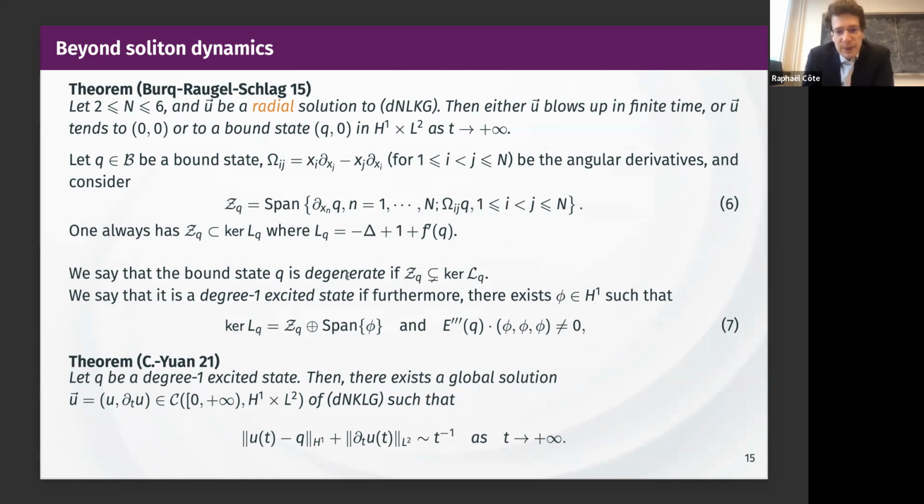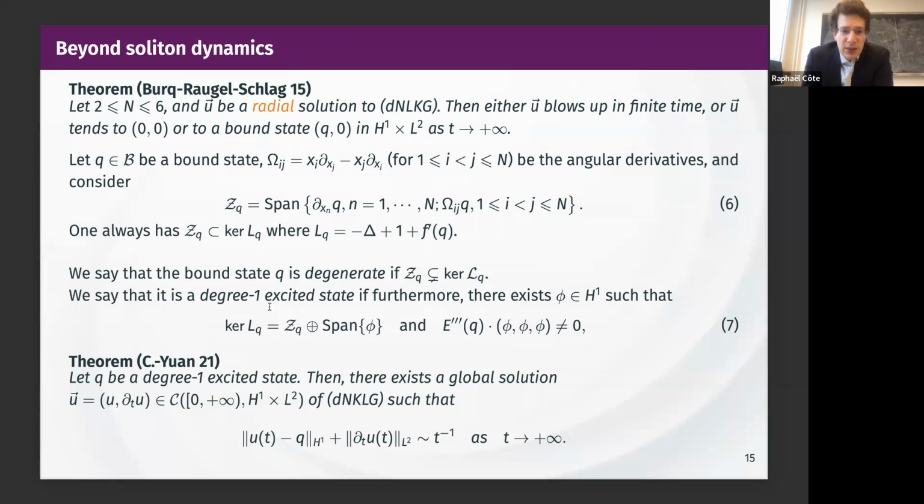And what the thing is that if these directions span the kernel of the linearized operator, then it's non-degenerate, and in the non-degenerate case, we're able to prove exponential convergence. However, if ZQ does not span the kernel of LQ, we say that it's degenerate.